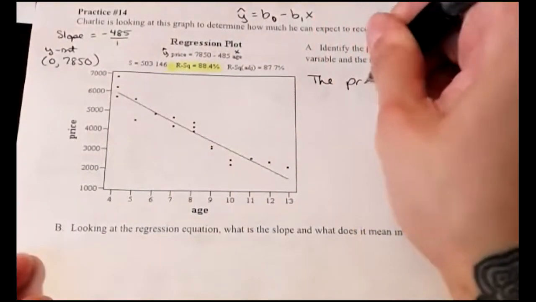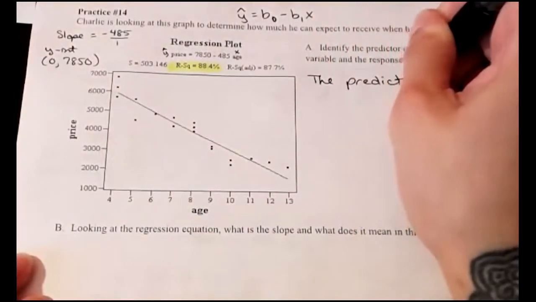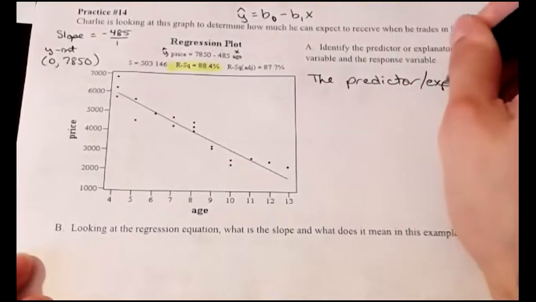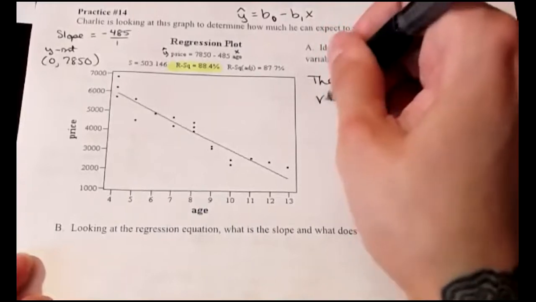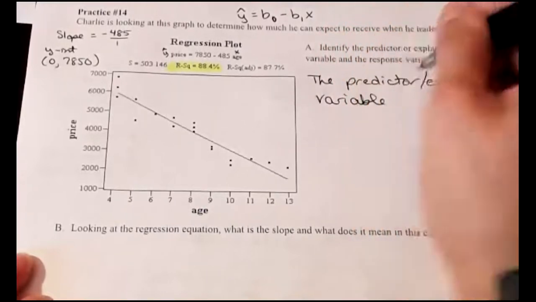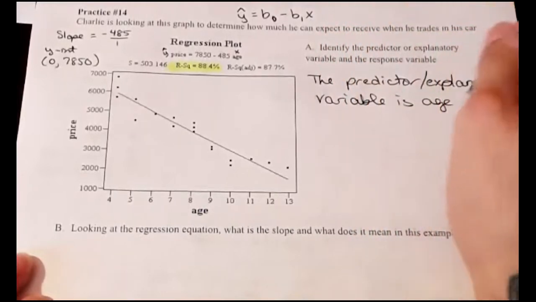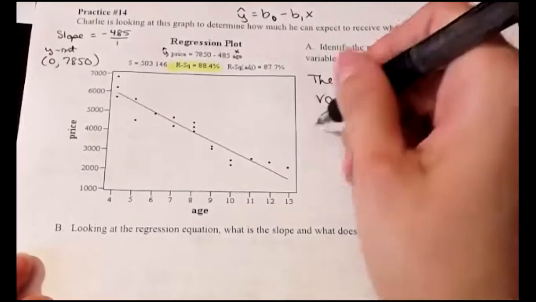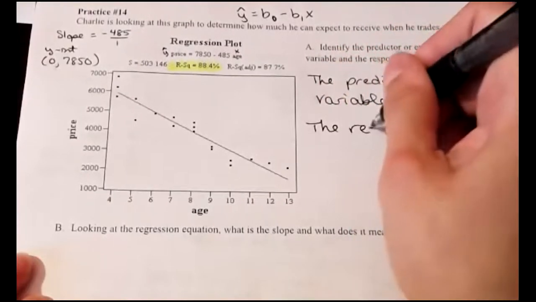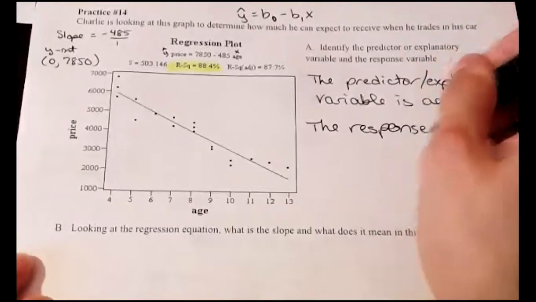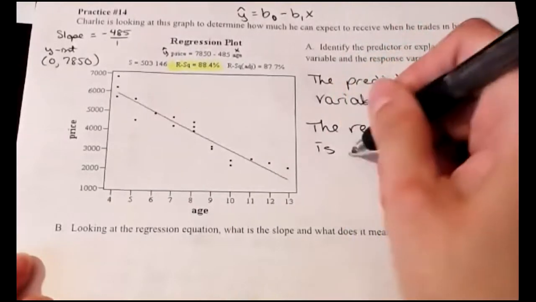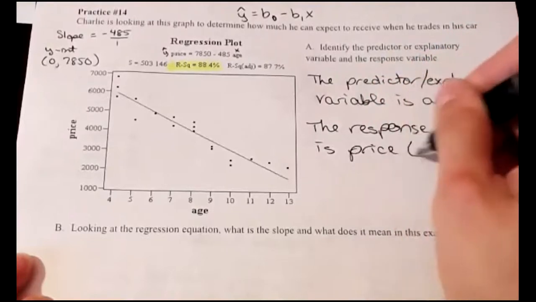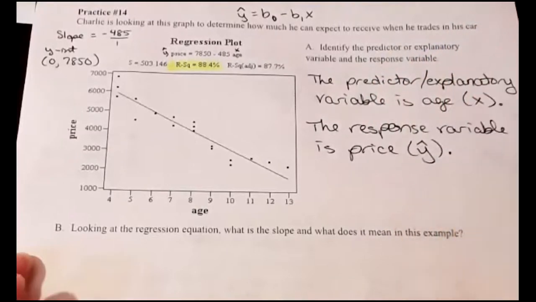The predictor or explanatory variable is age. The response variable is price. Good.